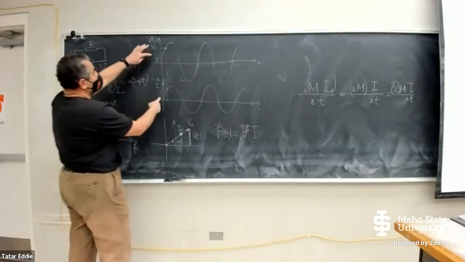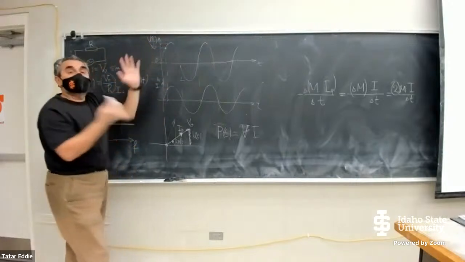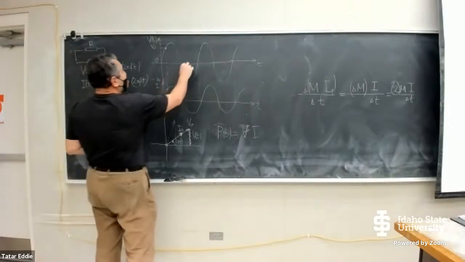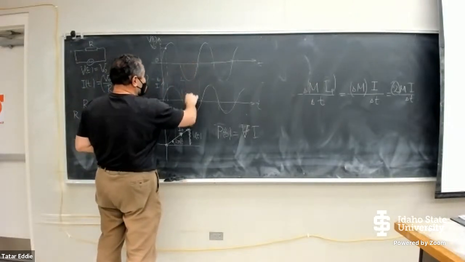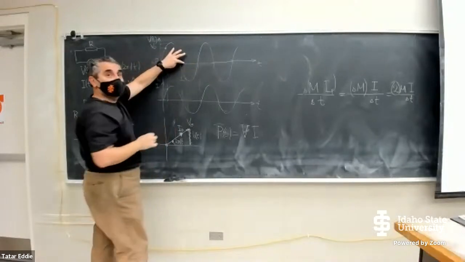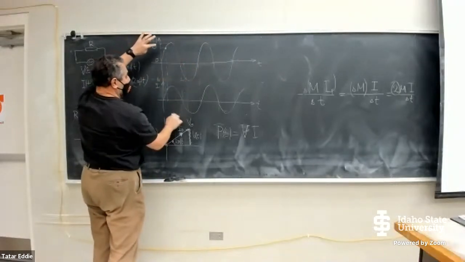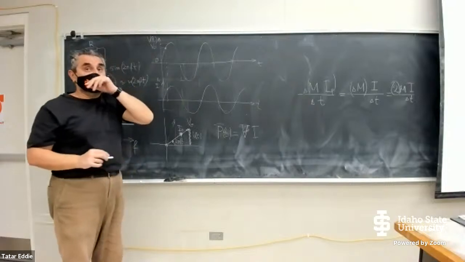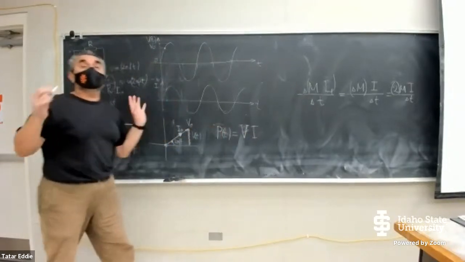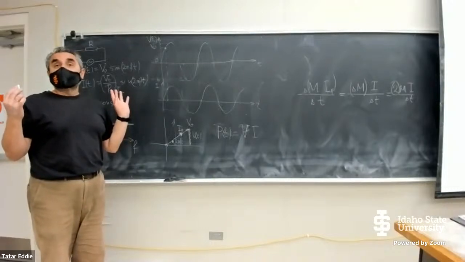So it's going to be some positive number of watts consumed. When the voltage and the current are in the negative direction, like at this moment of time, negative voltage, negative current, negative times negative gives you positive consumption.